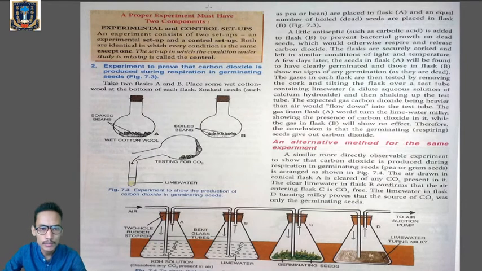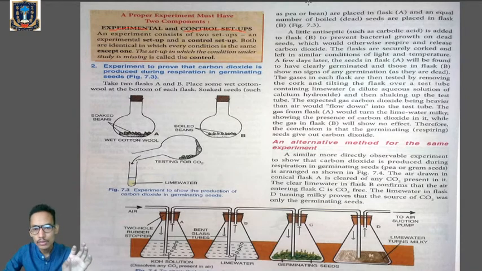Those two setups are known as the experimental setup and the control setup. Clear? So before conducting any experiment we must have two setups. One is the experimental setup and number two is the control setup.